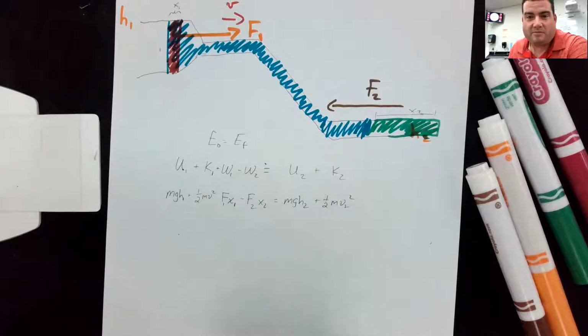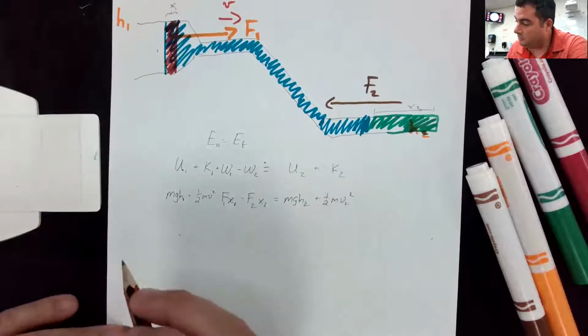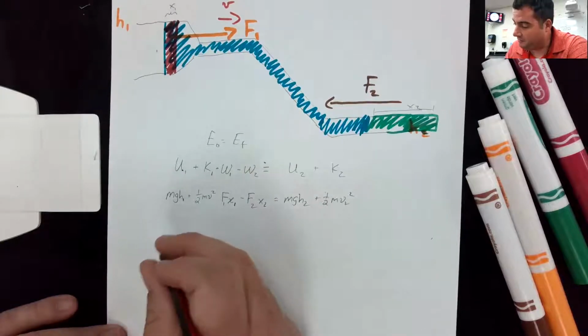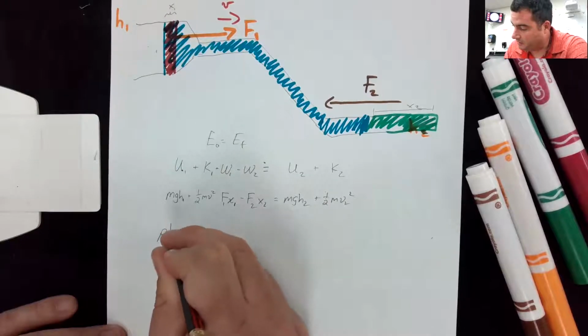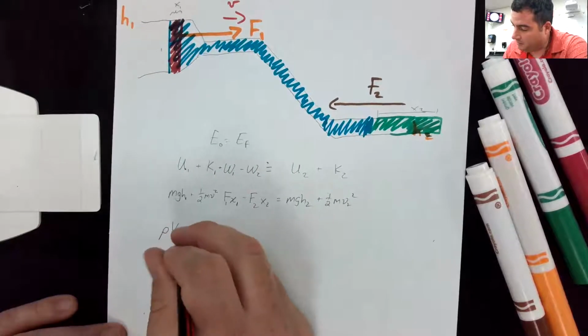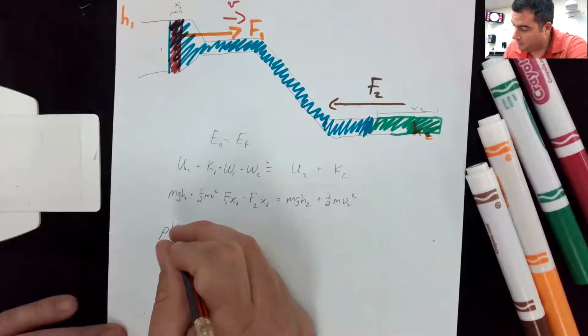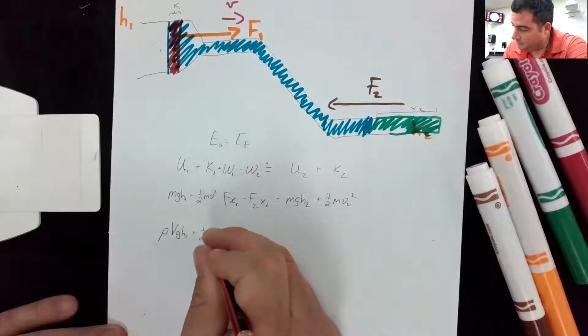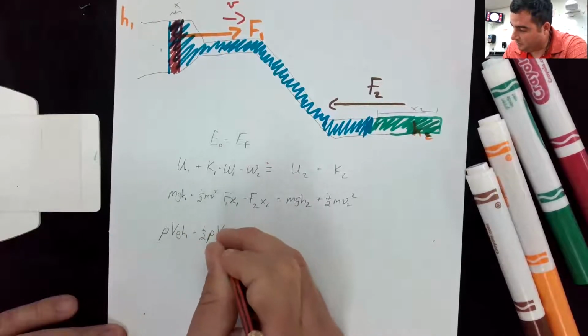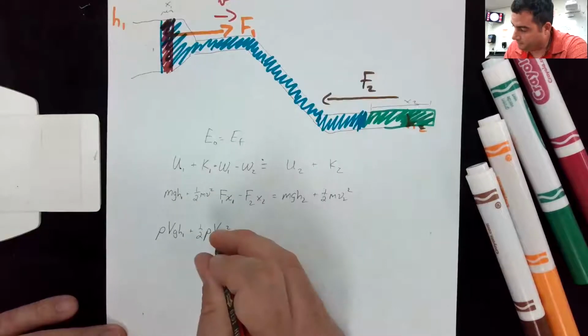I'm going to make a couple of substitutions to make this a little more fluidy. I'm going to substitute in for mass, so this is going to be rho V g h1. That's going to be one half rho V v1 squared.